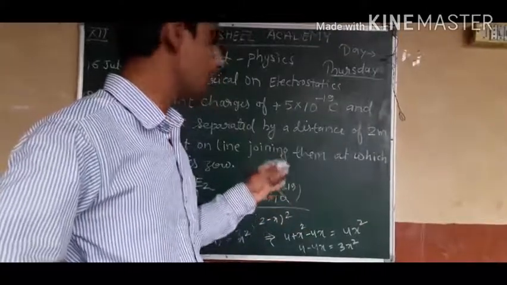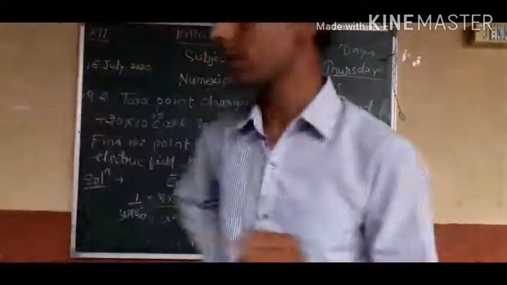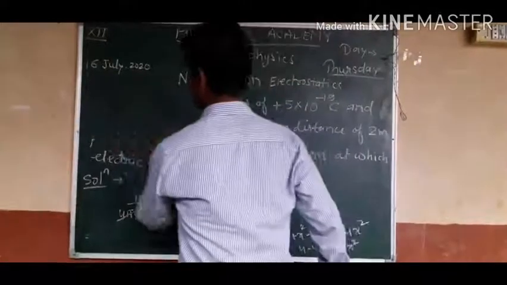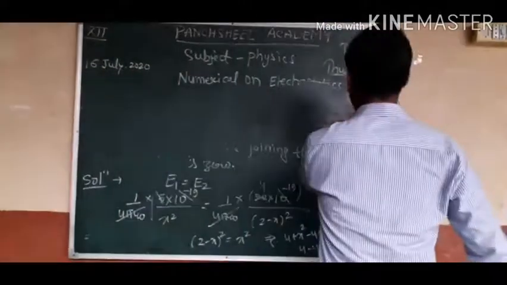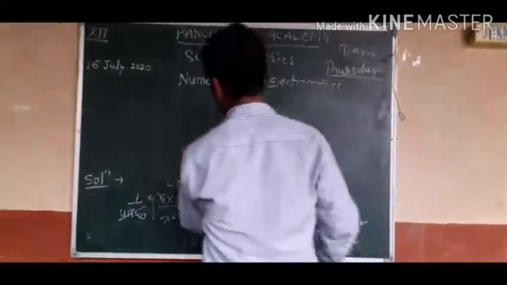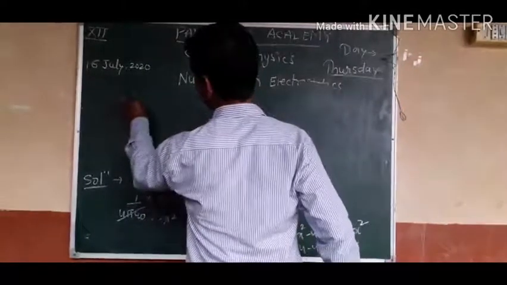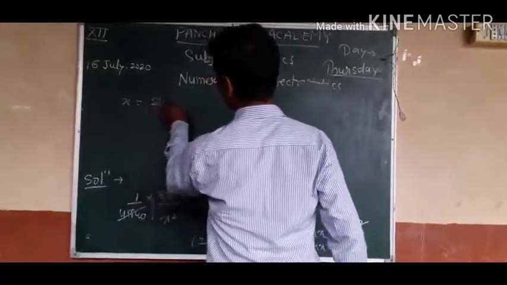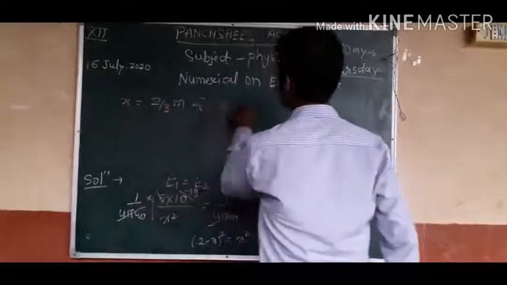So there are two values of x: x equal to 2 by 3 meter and again x equal to minus 2 meter.